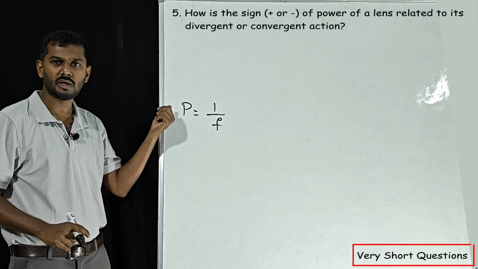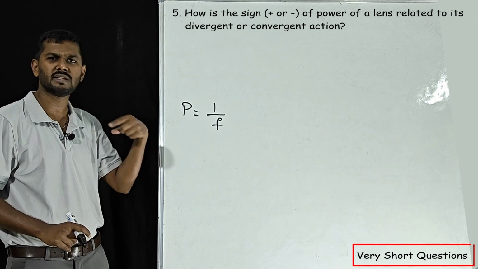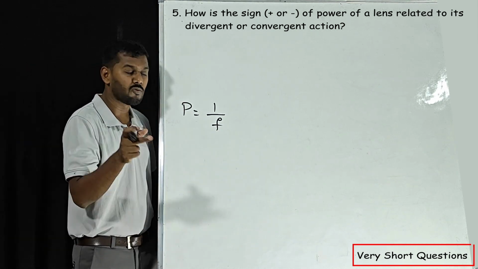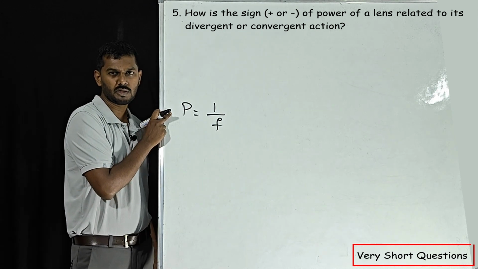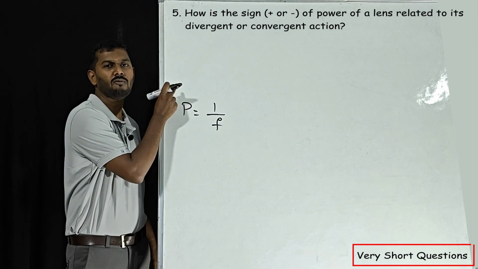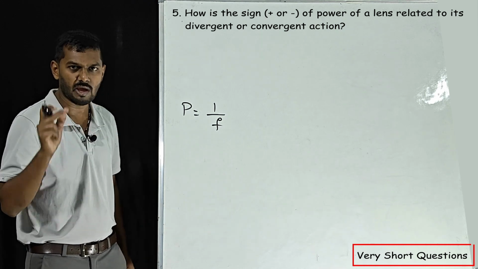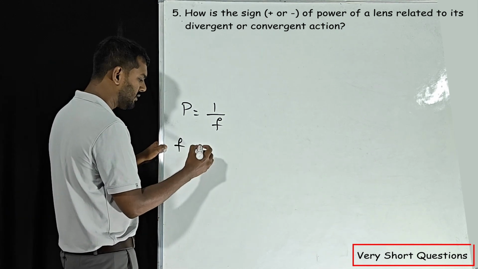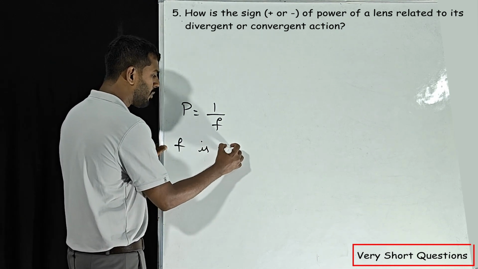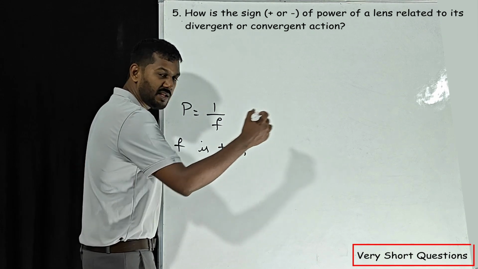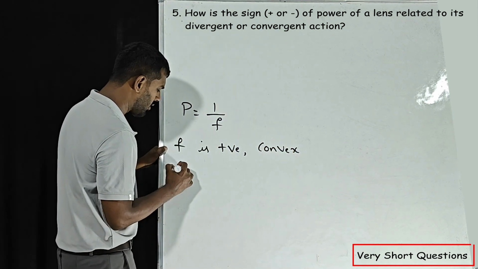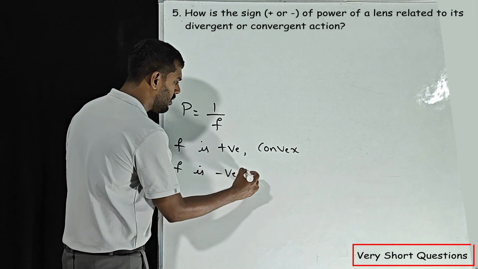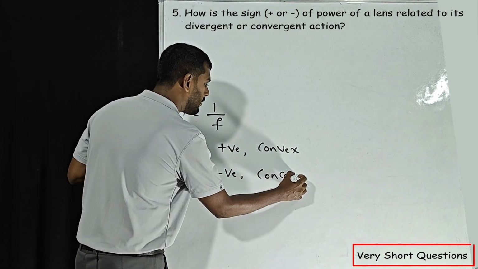How power is related to focal length is a different question. Power depends upon focal length. If the focal length is positive, power will be positive. If the focal length is negative, power will be negative. In the first question we have learned that focal length is positive for which lens? That is convex. Then focal length is negative for concave, correct?